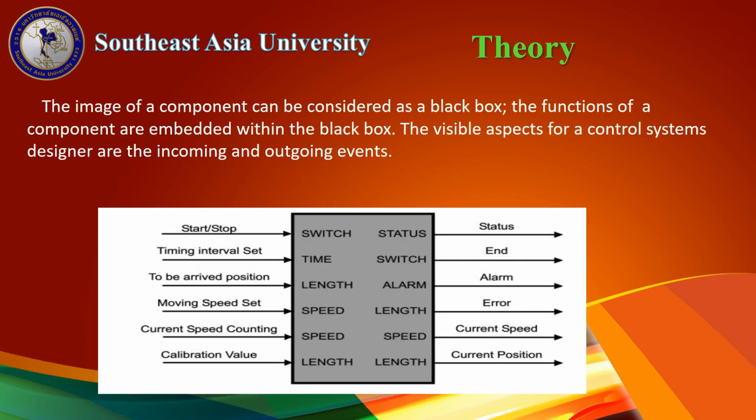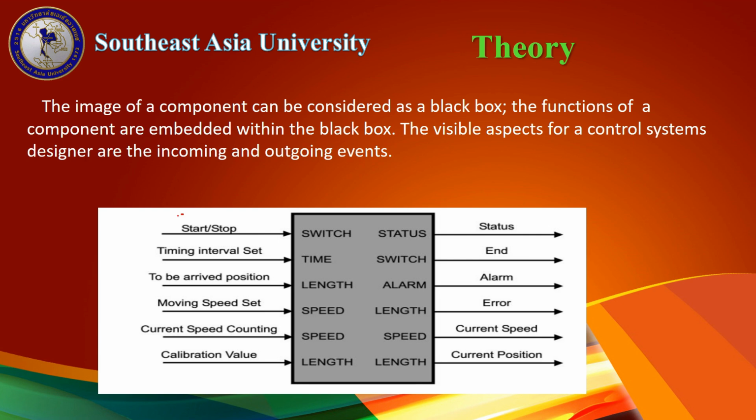And next one, the image of a component can be considered as a black box. The functions of a component are embedded within the black box. The visible aspects for a control system's designer are the incoming and outgoing events. We can see it.